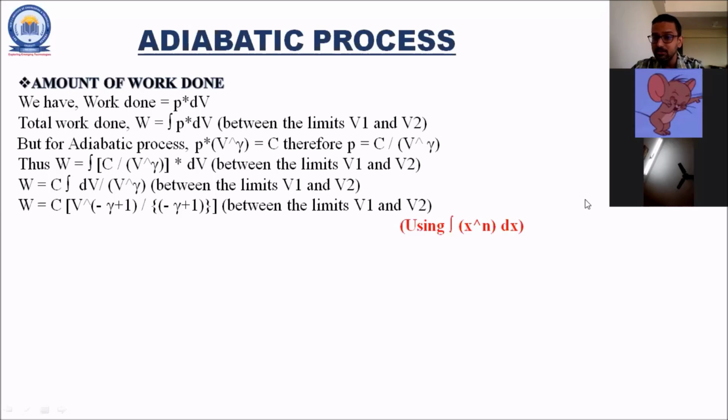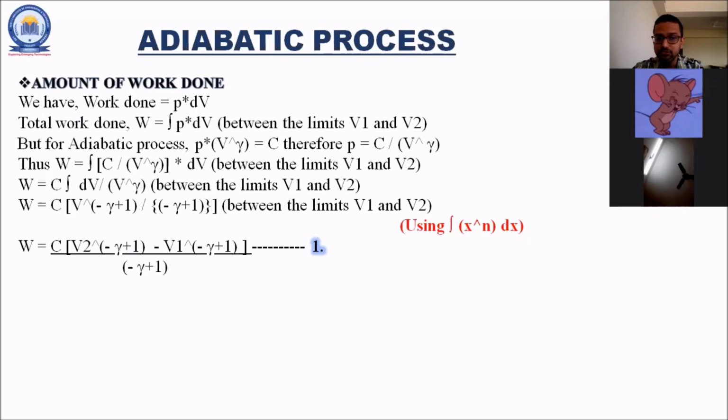For remembering, you can also note down we are using this integration concept for getting this answer: integration of x raised to n dx is x raised to n plus 1 upon n plus 1. Now whenever we are opening the limits, we will be getting the answer, that is W is equal to C times V2 raised to minus gamma plus 1 minus V1 raised to minus gamma plus 1, upon minus gamma plus 1, that is equation number 1.